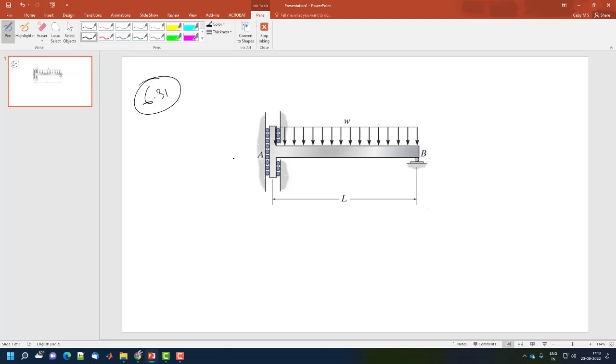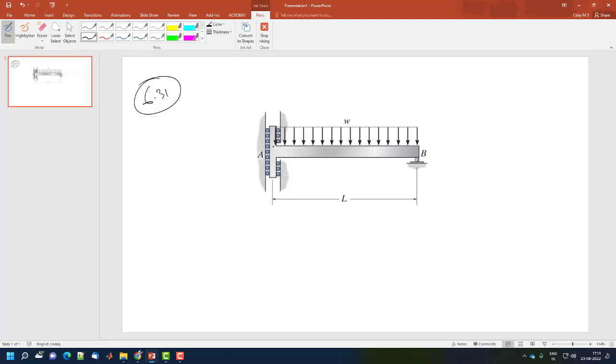We have a beam which can slide freely along the vertical guide at A, with the supports over here. This is the vertical guide, and it doesn't support any vertical force. Draw the shear and bending moment diagram for the beam.